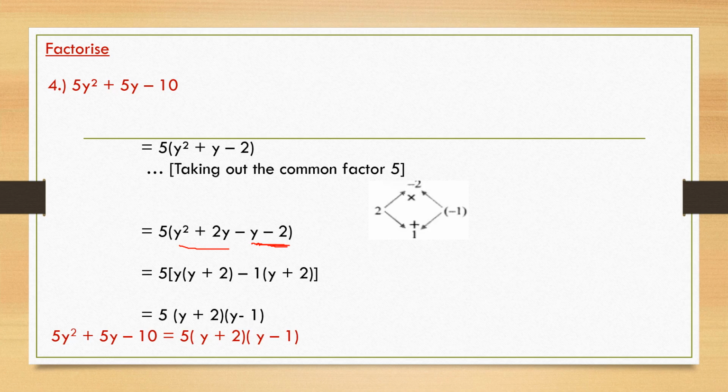So we have 1 multiplied by, in the bracket, y plus 2. So here we have y plus 2, here also we have y plus 2, we'll write it once, y plus 2. And then this y and this minus 1, we write it together, so this will be y minus 1. So a factor of this expression is 5 multiplied by y plus 2 into y minus 1.